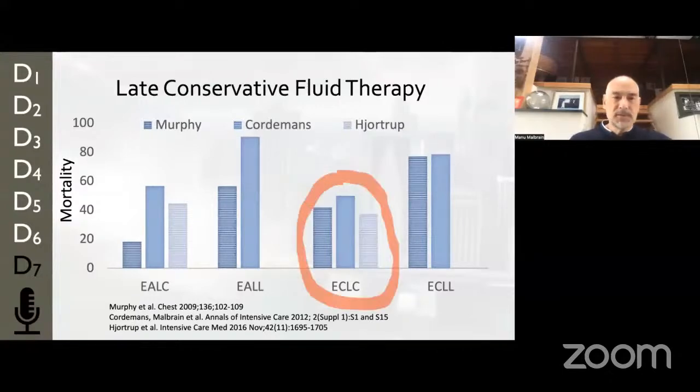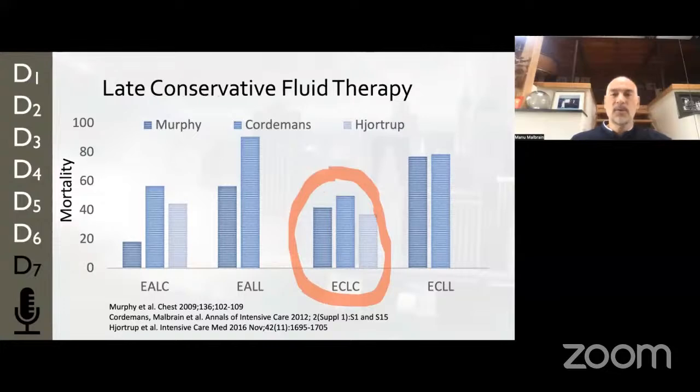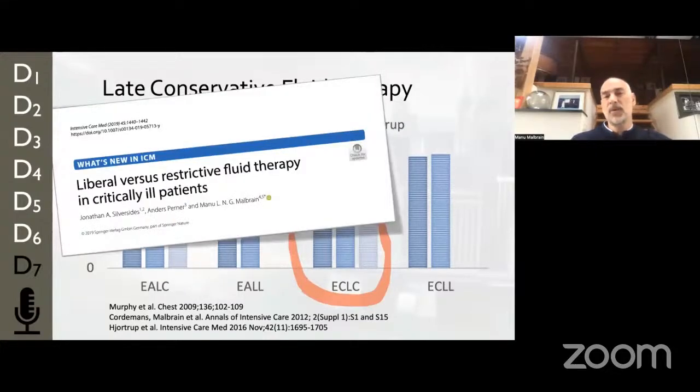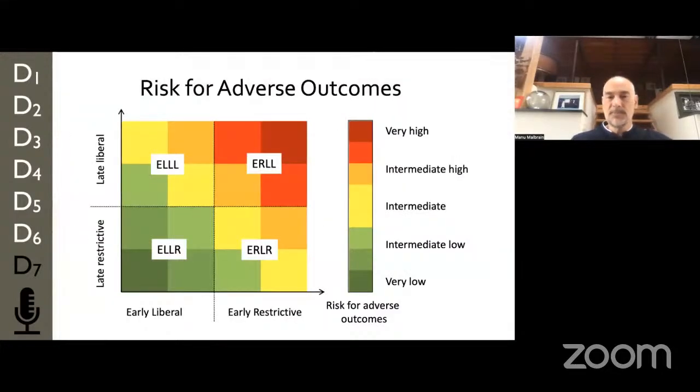And if we compare some of the studies, early conservative, late conservative may have even better prognosis. So restrictive fluids compared to the liberal ones.